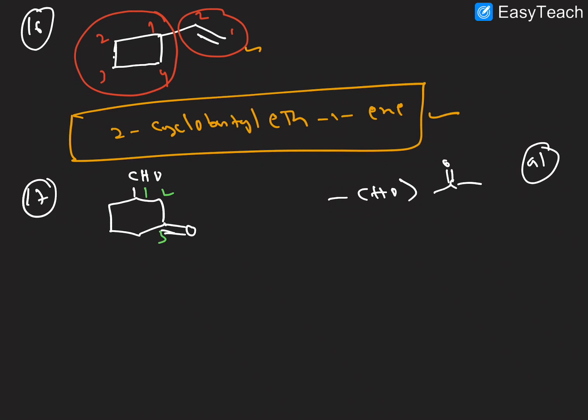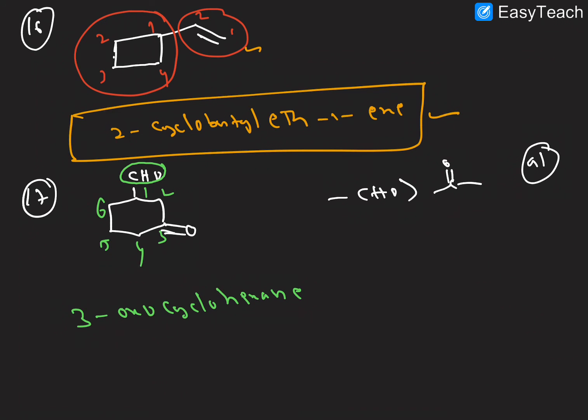Okay, right. So here numbering 1 2 3 4 5 6 is common, and here 3-oxo, and next cyclo, that is the cyclic form, cyclohexane, all carbons are single bonds.